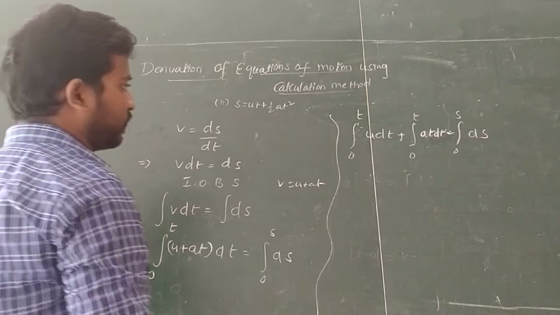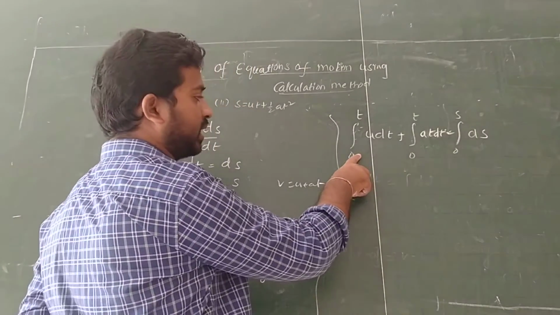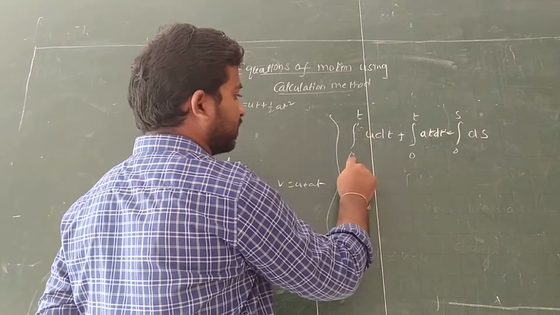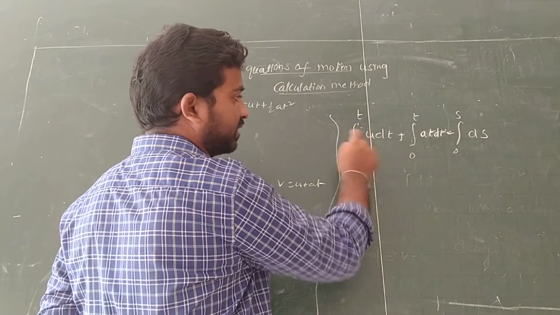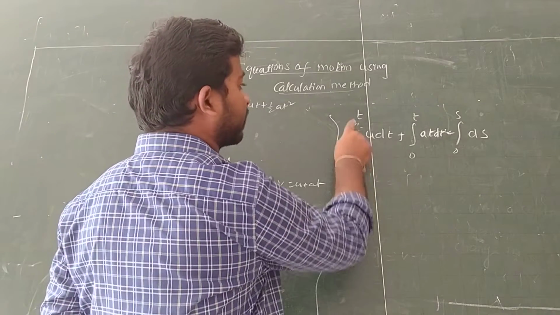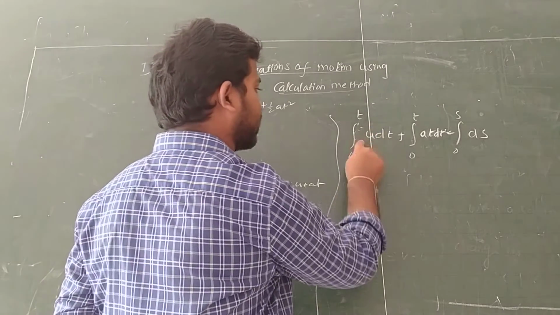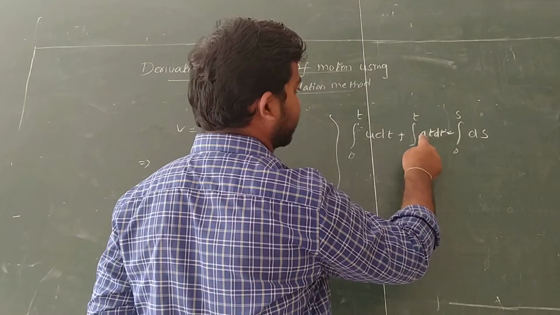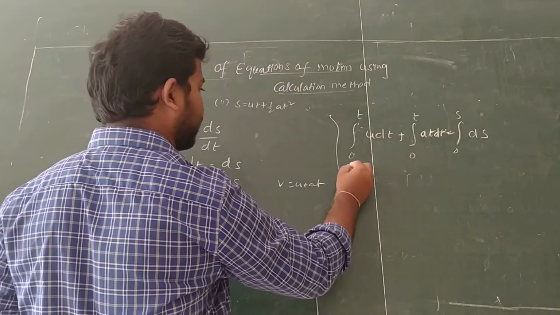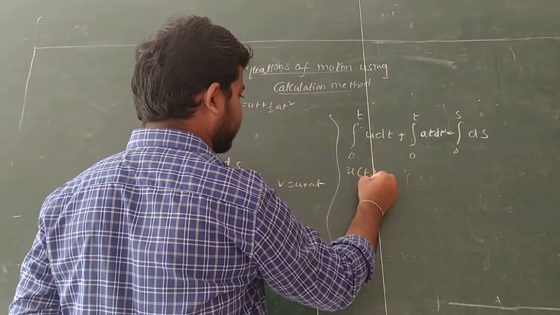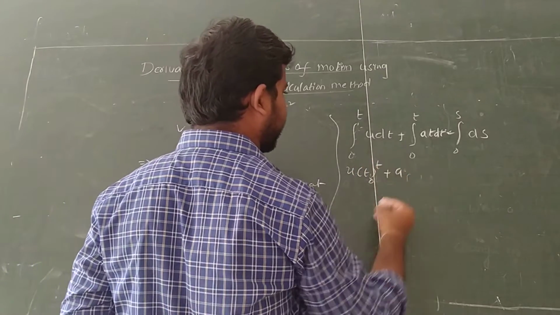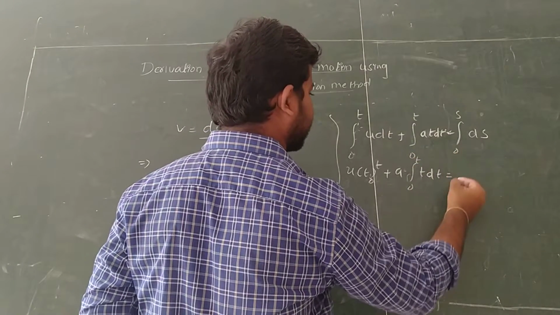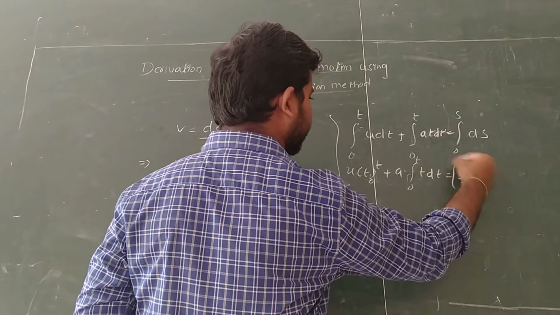Here you can see the limits are in the form of t. If the limits are in the form of velocity, we could calculate differently, but the limits are in the form of t, so we can calculate with dt, and u is a constant. Here also the limits are in the form of t, so here also we can take a constant. Then u times integration of dt is ut, limits 0 to t, plus a integration of 0 to t t dt equal to integration of ds, which is s, limits 0 to s.